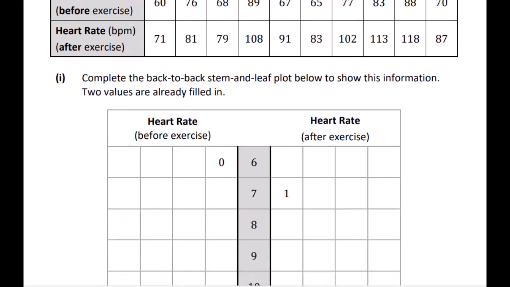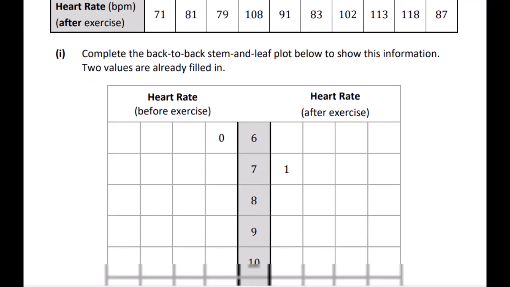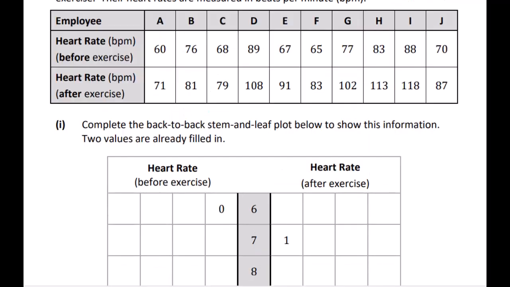Okay, so we've got to fill in this stem and leaf plot. Now you've got to make sure that you put these in order. So we have 60, we have 65, we have 67 and 68. Underneath that you've got 70, 76 and 77.